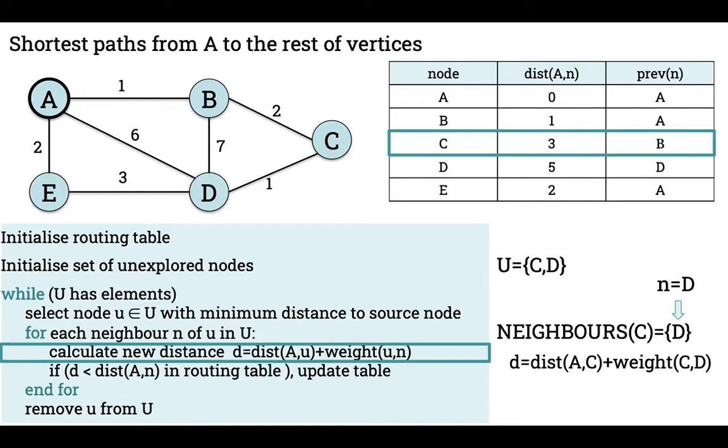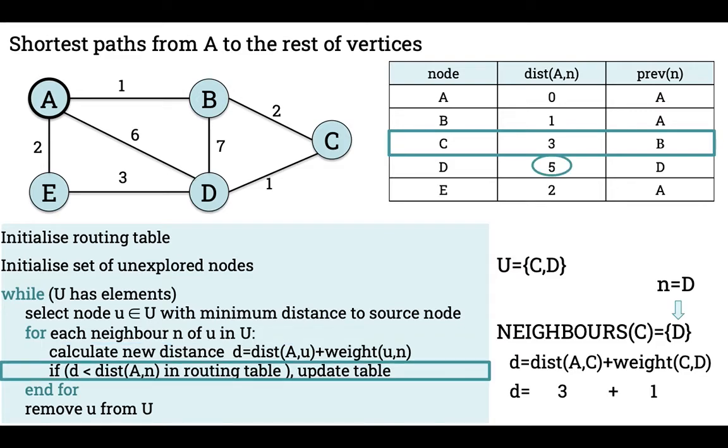So we calculate the distance to get from A to D passing through node C. From the routing table, we already know that the distance from A to C is equal to 3, and from the graph information, we know that the link CD has a weight of 1, so this distance is equal to 4.